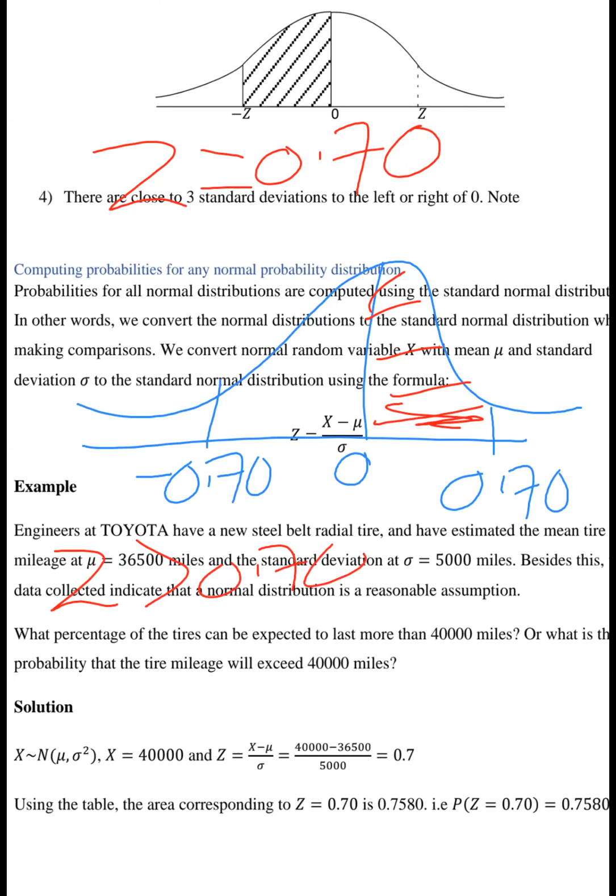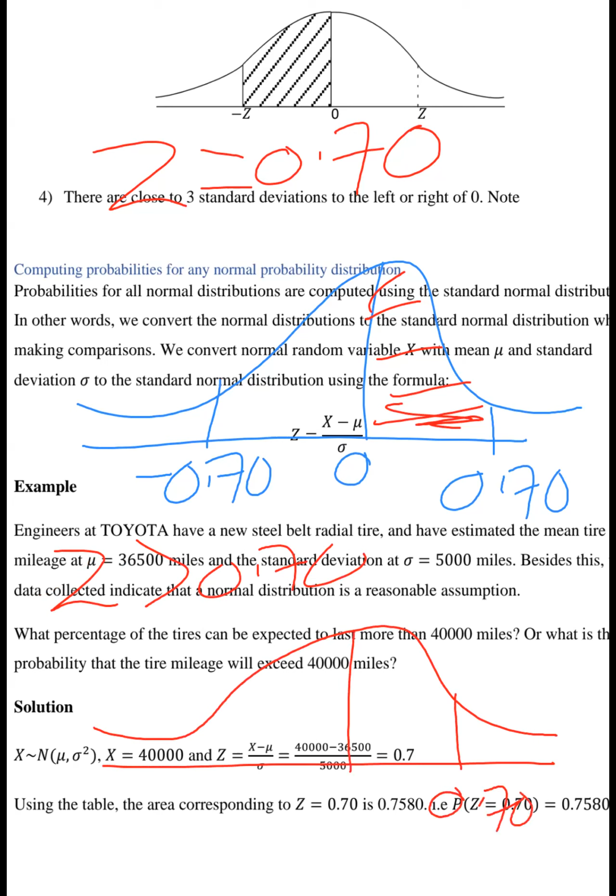So the area, in terms of your visualization, is how it will be. You know where 0.70 is here, that's where you put the Z value. Have 0 here, you have negative 0.70. So you're asking to find the area that is greater than 0.70. It is basically this area that is shaded after 0.70.